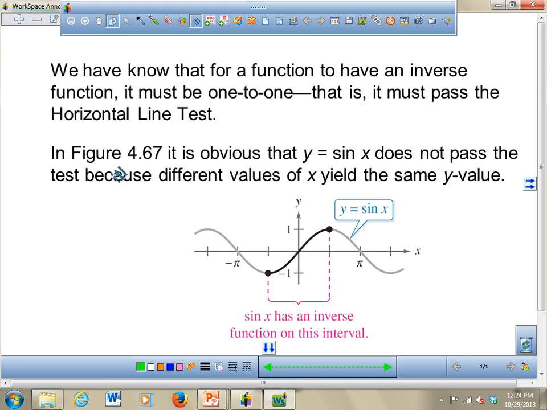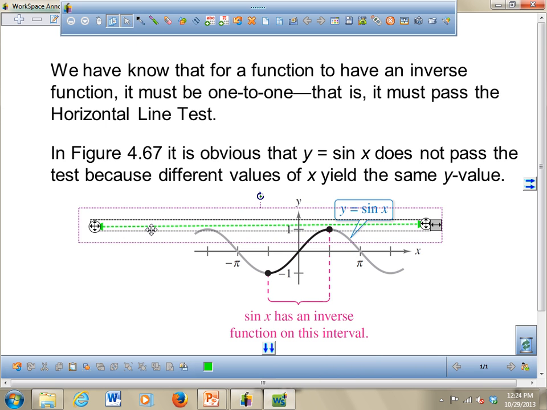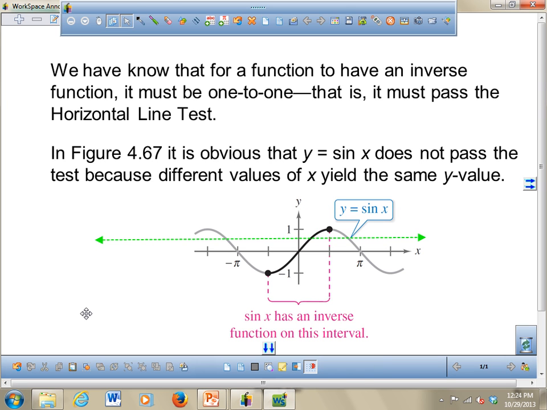In other words, if I were to draw a horizontal line here, it would cross this graph lots of times, right? Infinitely many times. And in order for something to be a function, when you put one thing in, you need to get one thing out. You can't get out multiple things, okay?